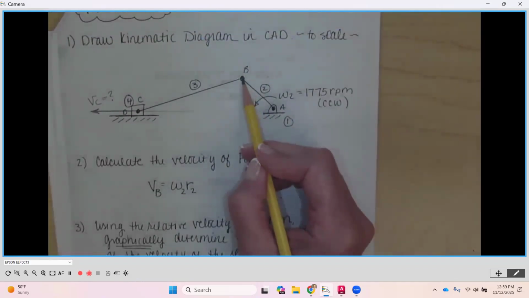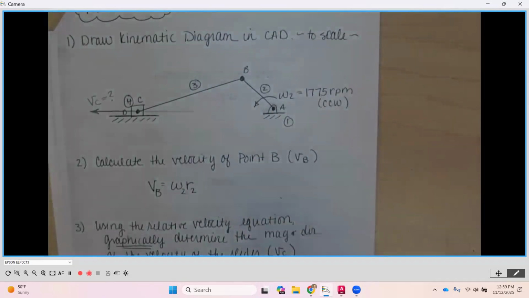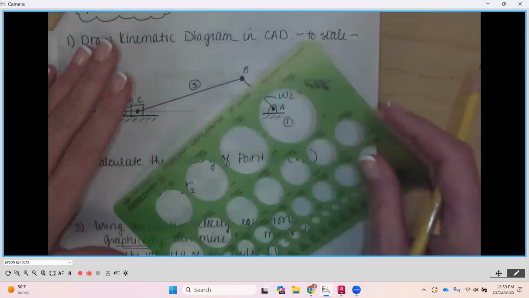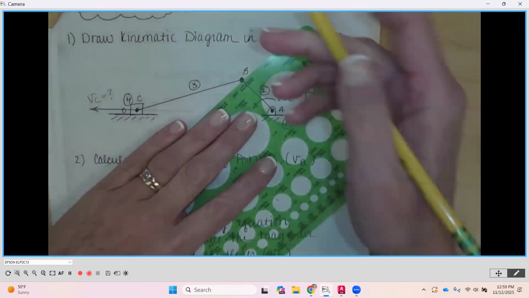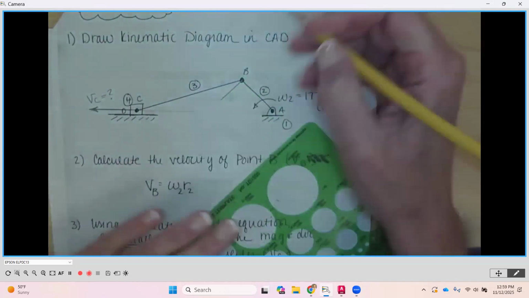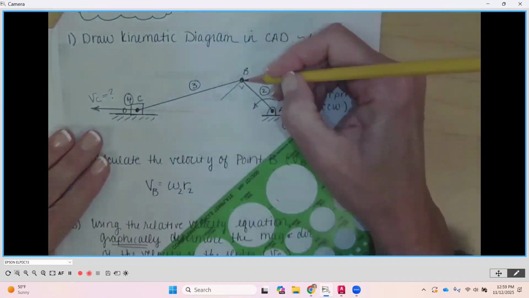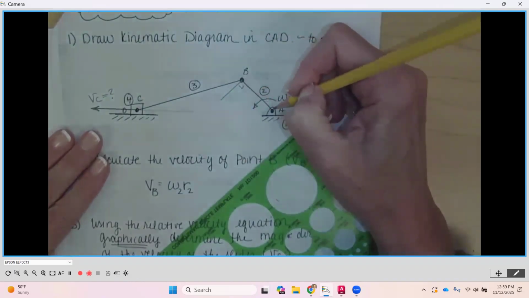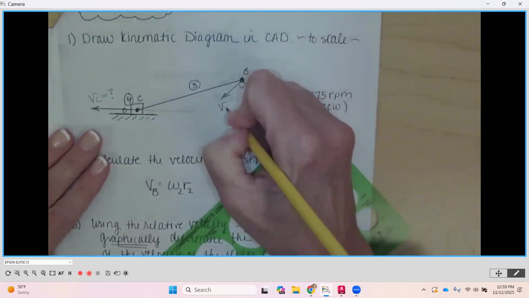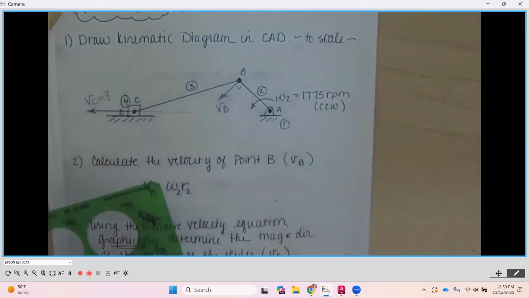B is at the endpoint of link number 2, which we know rotates in a counterclockwise direction at 1775 RPMs. I can draw vector B to be perpendicular to link number 2, pointing down and to the left, in the direction of rotation. Do you see that?